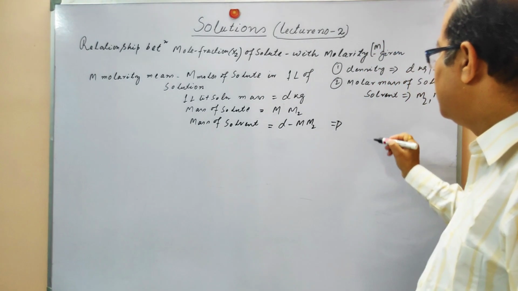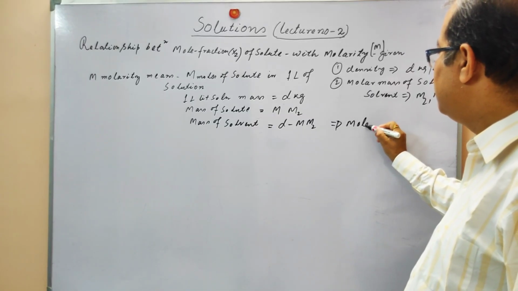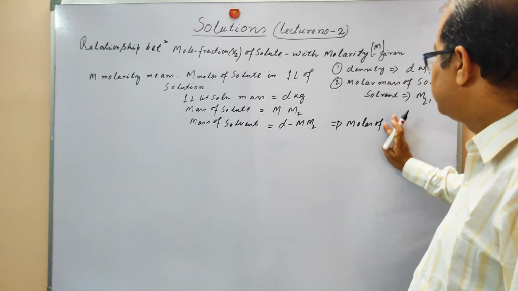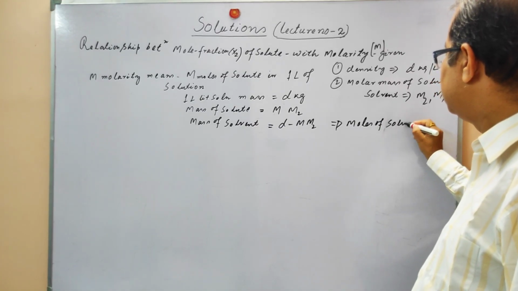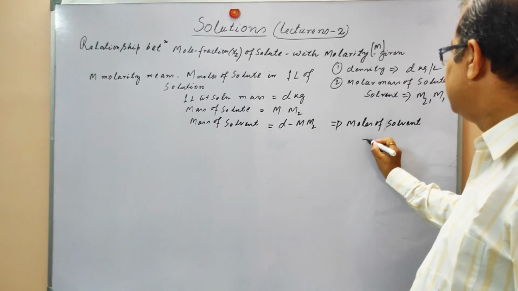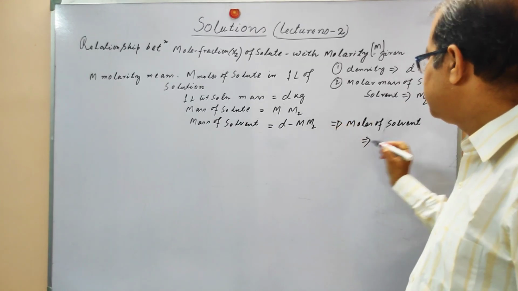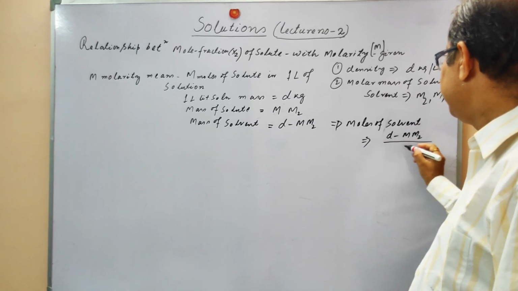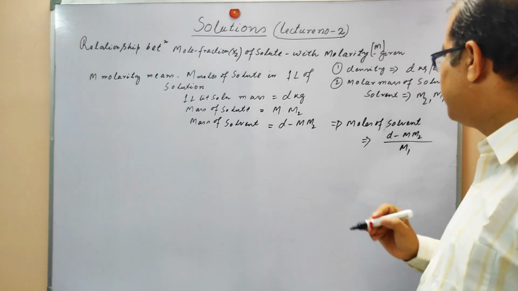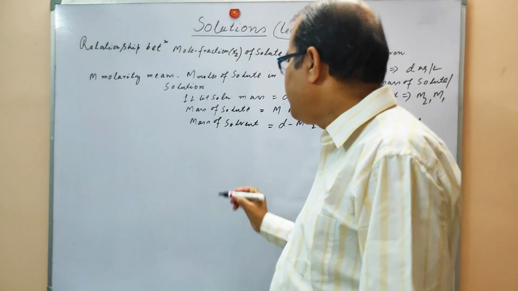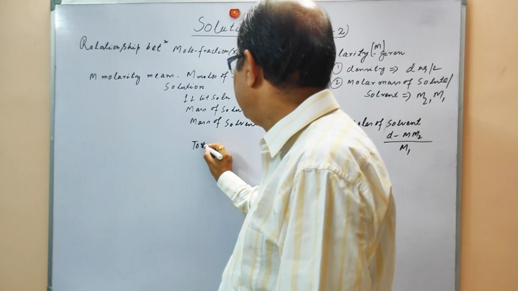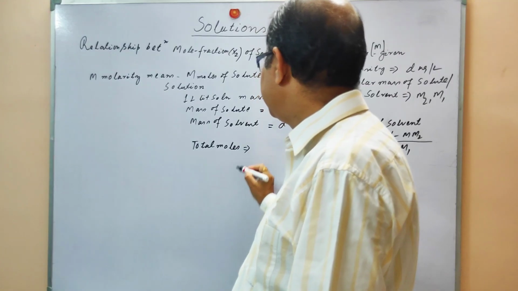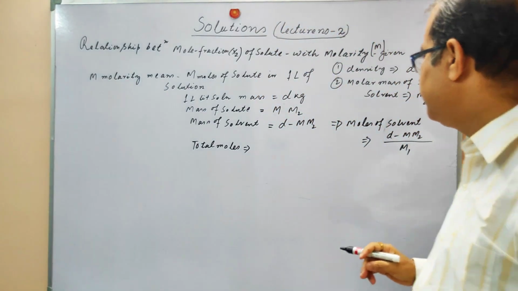So from this, moles of solvent, how much is it? It is the mass in kilo, D minus M into M2, divided by the molar mass of the solvent, which is M1. So total moles, naturally the moles of the solute plus the moles of the solvent.